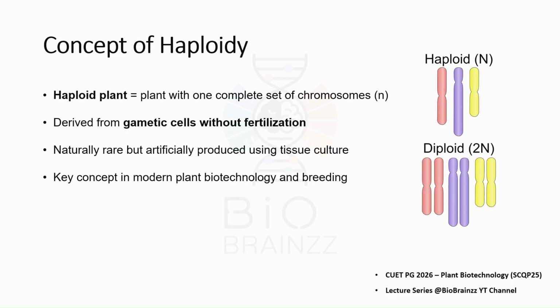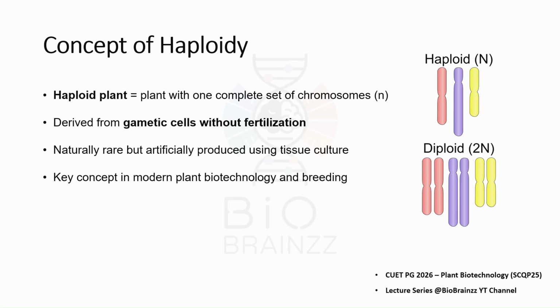A haploid plant contains only one complete set of chromosomes, represented as N. Normally, higher plants are diploid, containing two sets of chromosomes inherited from both parents. Haploids arise when gametic cells develop into embryos without undergoing fertilization.